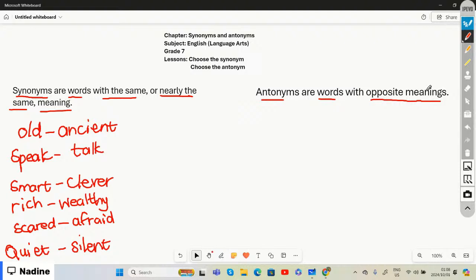So the opposite of that. And for words with opposite meaning, we can even use these words that we use for synonyms. But instead of writing the words that have the same meaning, we could write the words that are the opposite of that.